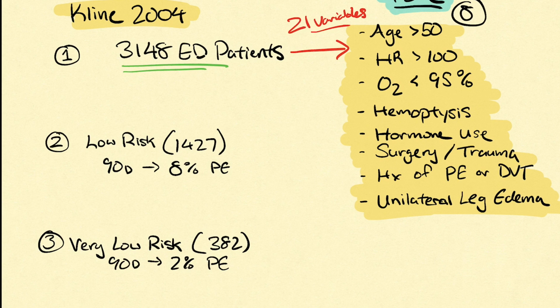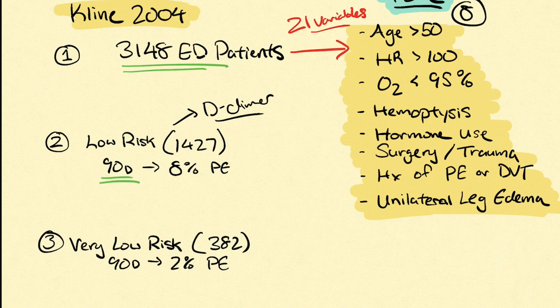This is the group that historically would have gotten a D-dimer testing, right? These are people who said, you probably don't have a PE, but because I'm somewhat thinking about it, let's just go through a check. So all these patients were ultimately followed up to 90 days.